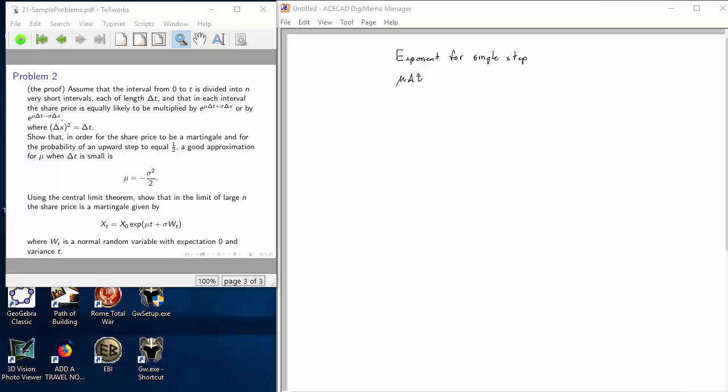It's mu delta t, no matter what, that's a constant, plus a random variable which is as simple as can be.